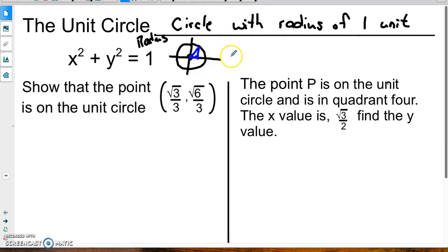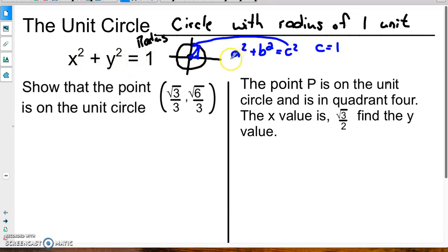What formula do we know about a right triangle that we've always learned? That would be your Pythagorean theorem, a squared plus b squared equals c squared. Well, if c is your hypotenuse, isn't that your radius? Okay, so if your radius is 1, then c would be 1.